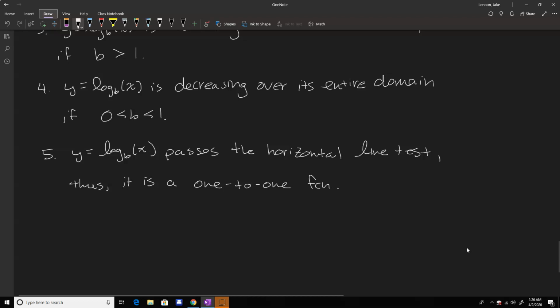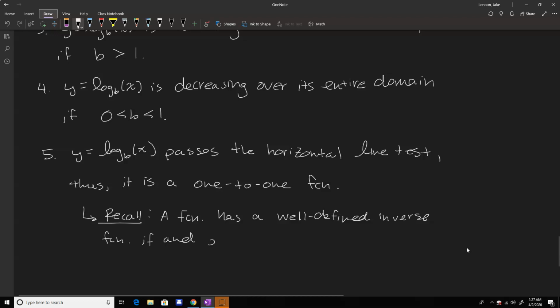So basically, recall a function has a well-defined inverse function, meaning that the inverse is a function also, if and only if the function is one-to-one.